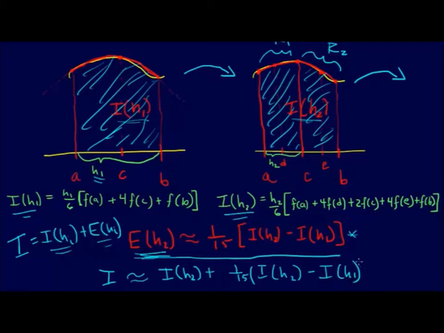And the other thing that we need to note here is that this equation right here actually turns out to be exactly Boole's rule. So after that, if we have low enough error, that's when we stop.